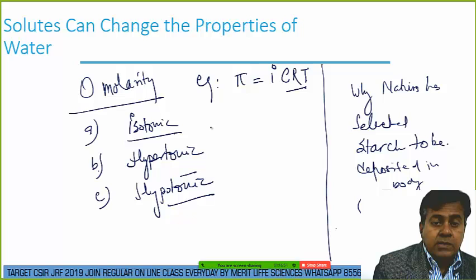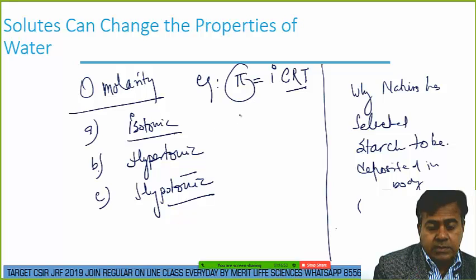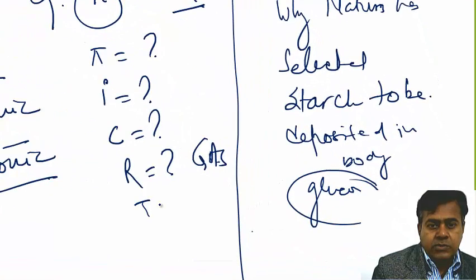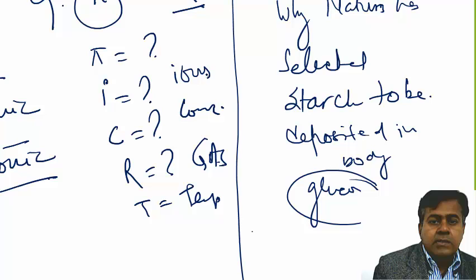What is the i? What is the C? What is the R? R is the gas constant, everyone knows. T is for temperature, C for concentration, i for ions, right?